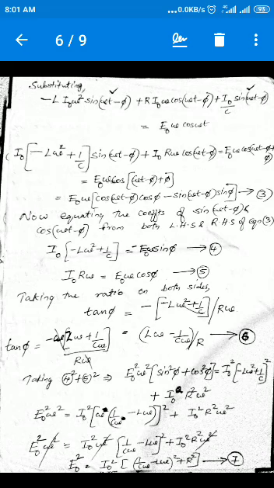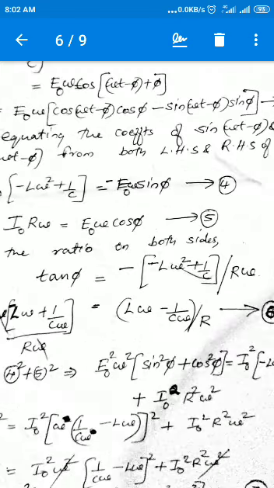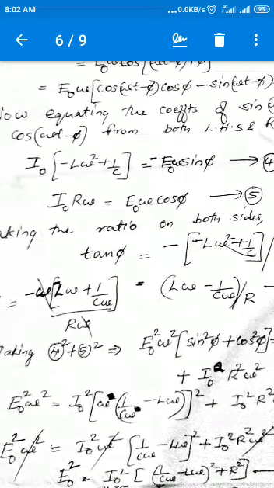Equation 4 squared plus equation 5 squared gives E0² ω² on the right-hand side, which is common, times sin²φ plus cos²φ. Written on the left-hand side, this is equal to I0² (−Lω² + 1/C)² plus I0² R² ω². On the right-hand side we have I0² common, and sin²φ plus cos²φ is 1.